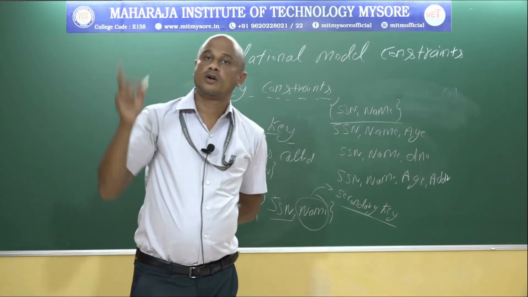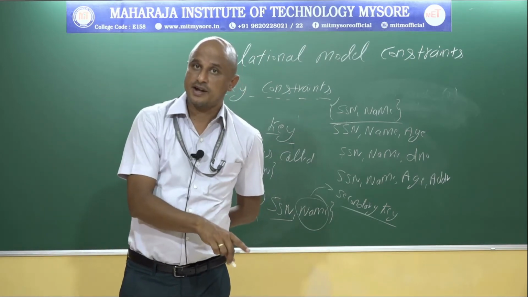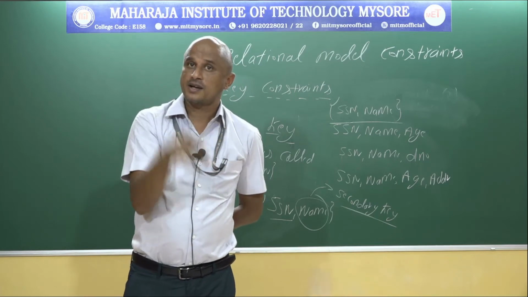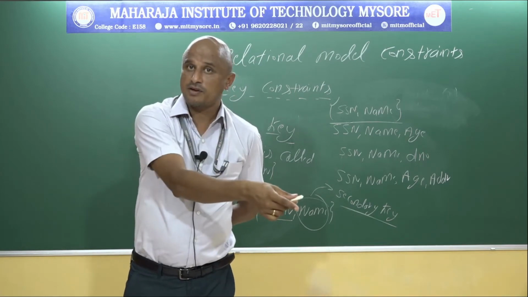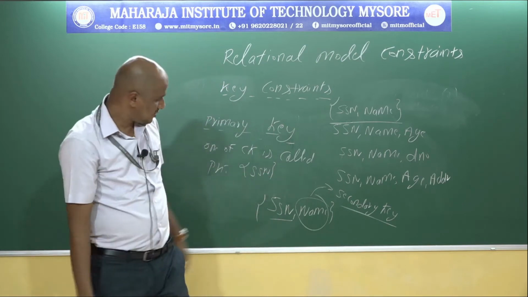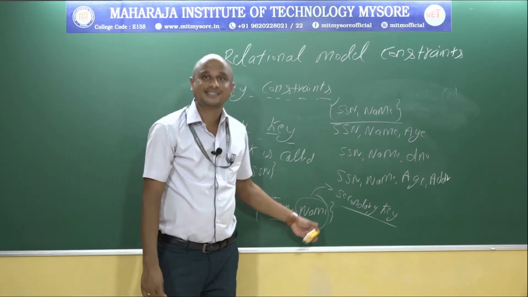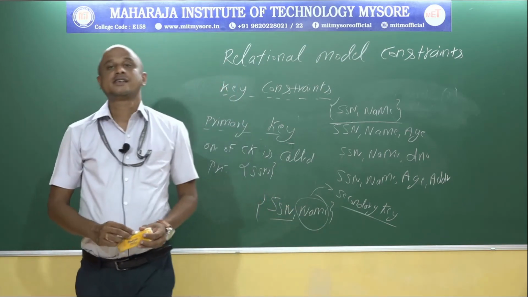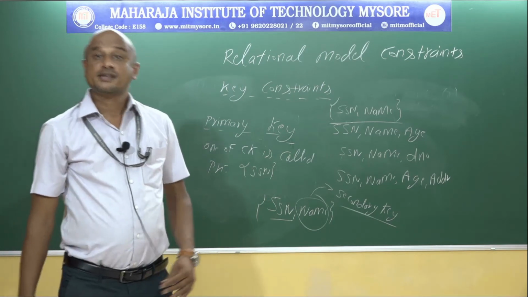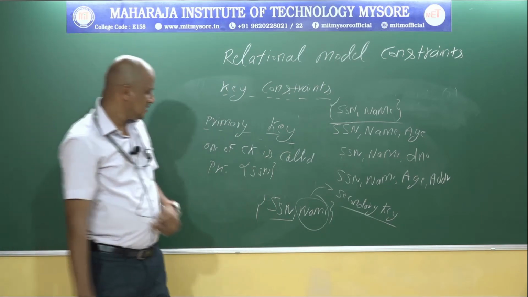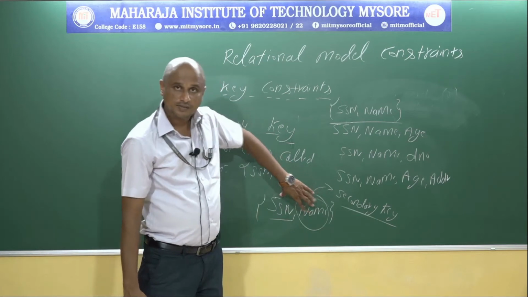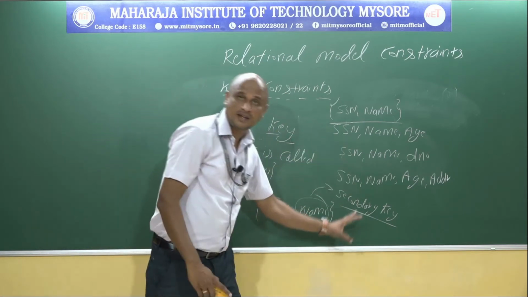So a minimal set of a super key is called a candidate key. One of the candidate keys can be called the primary key. Other than the primary key, the attributes can be called secondary keys. SSN has been identified as the primary key.